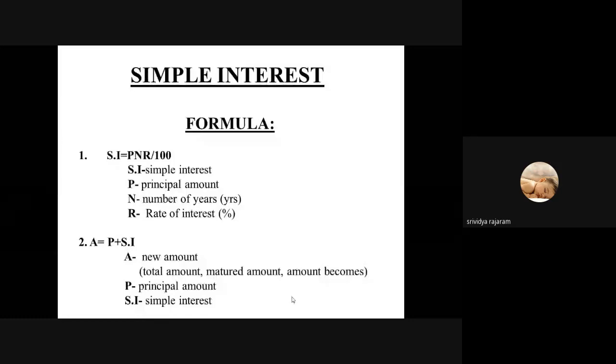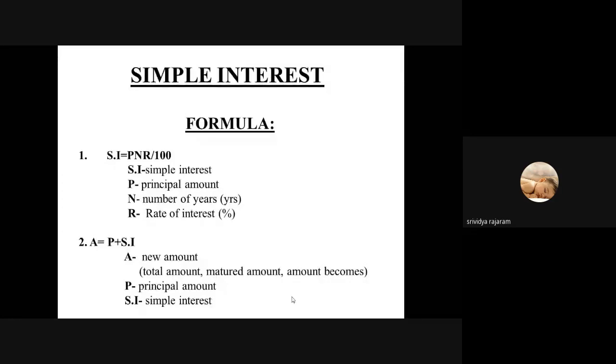And now let me say some points that you have to remember while solving any problem in terms of simple interest. The first point is, in the first formula SI is equal to PNR by 100, N, I said, is number of years. So while reading a question, you first see whether N is given in terms of years or not.